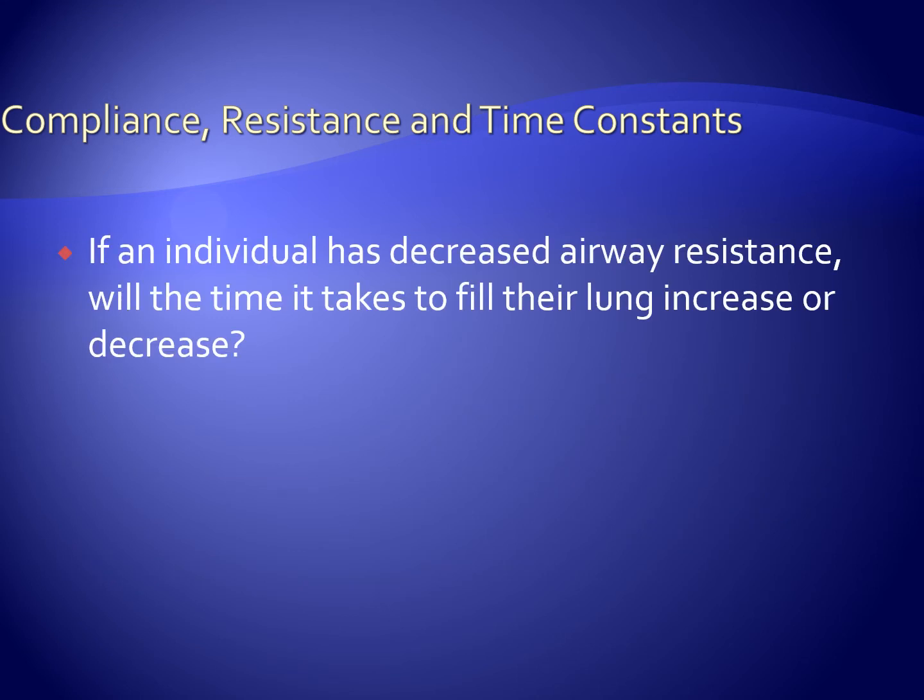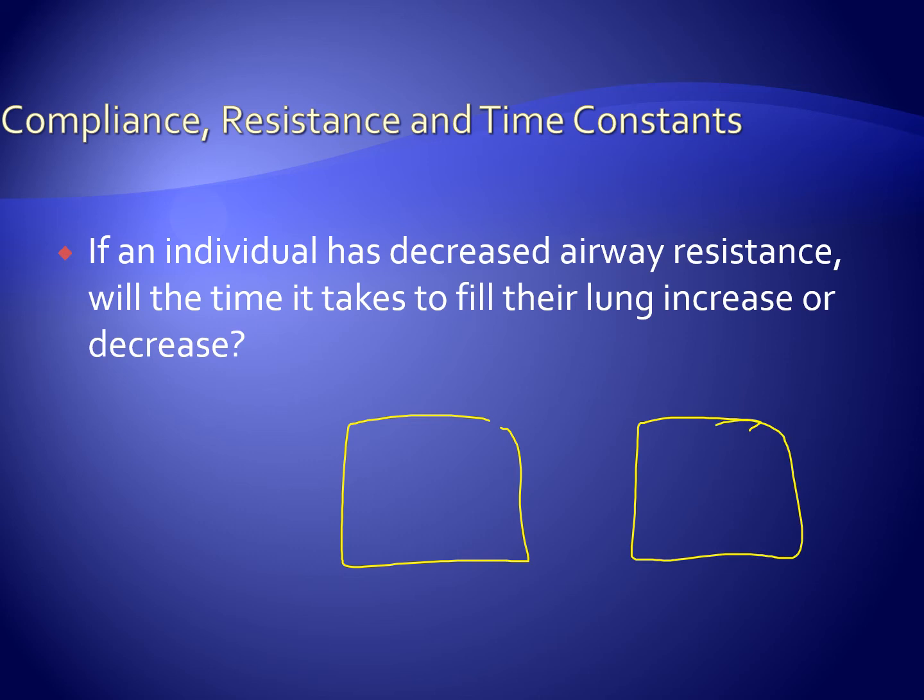Okay, more application. If an individual has decreased airway resistance, will the time it takes to fill their lungs increase or decrease? Okay, so here we have the same size cup. The individual has decreased airway resistance. What will happen to how long it takes? Here we have our small straw. And we gave this patient a nice dose of albuterol, good sympathetic stimulator.